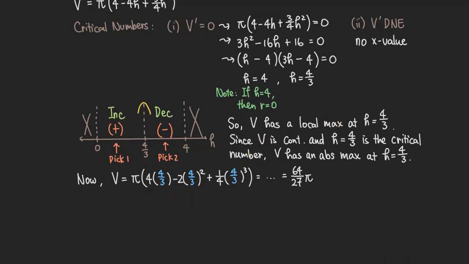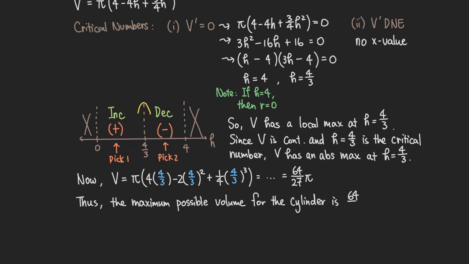We will say, thus, the maximum possible volume for the cylinder is 64 over 27 pi cubic inches. And then we're finished.